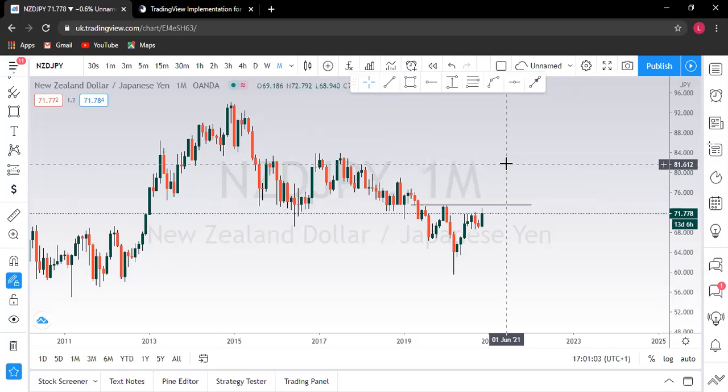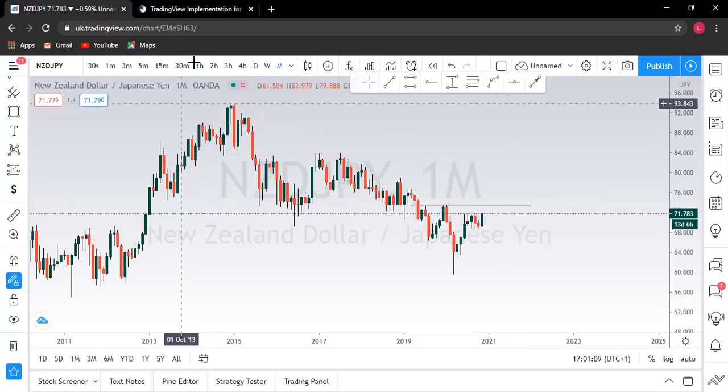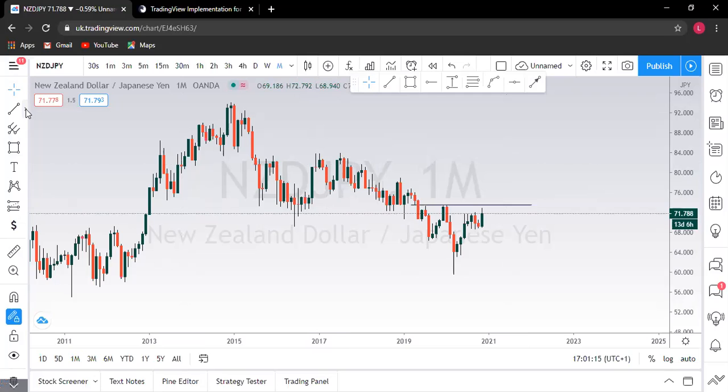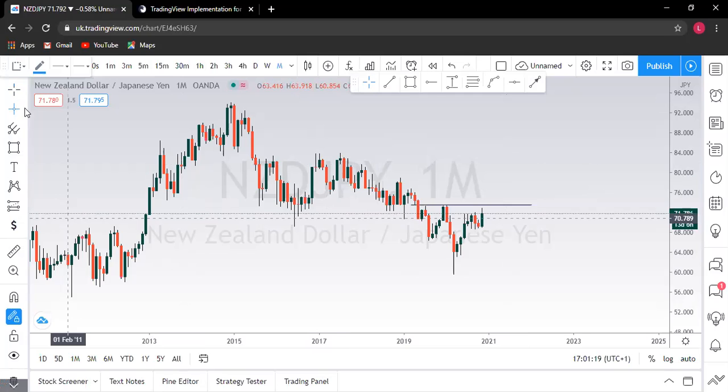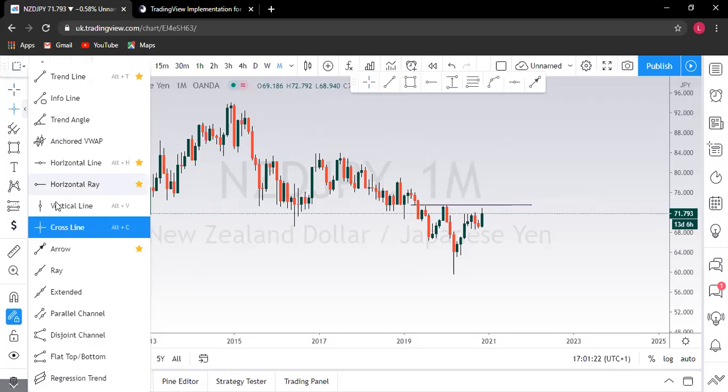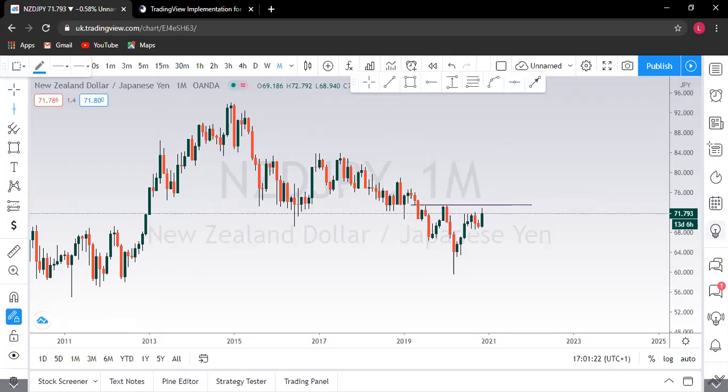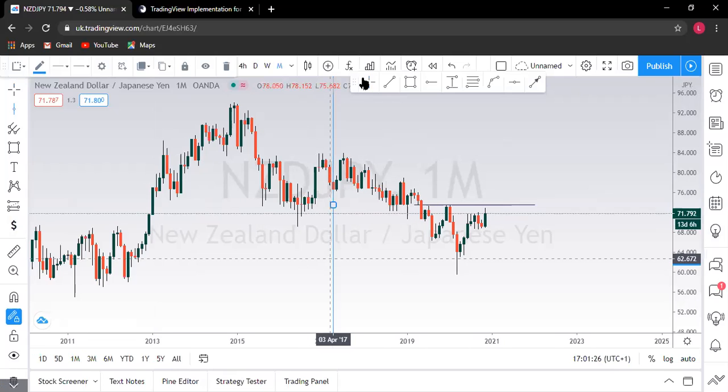So now we'll be using NZDJPY as a case study. When you look at this NZDJPY, right from 2017, from this place, let me make use of my vertical line rather. From 2017, from this place, you can see that NZDJPY has been on a downward trend.